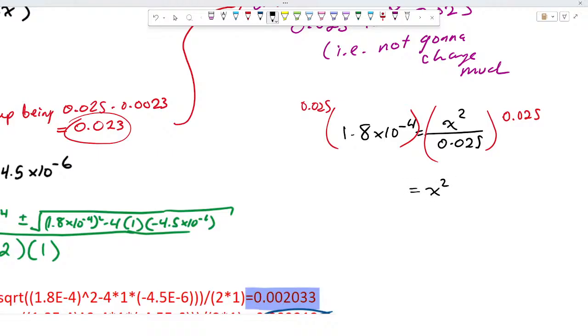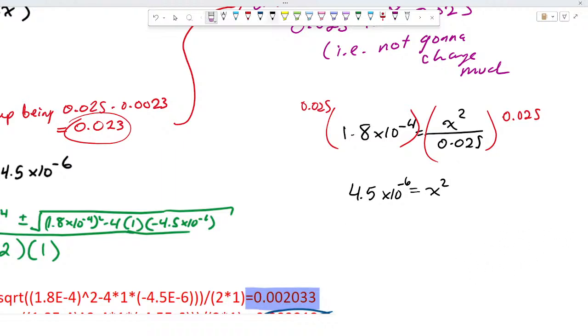You're going to need a calculator for every second of this unit. 1.8 divided by 4 is 4.25, so this is going to be 4.25 times 10 to the negative 6. Right, okay, I knew that, I'm sorry, okay, there we go.